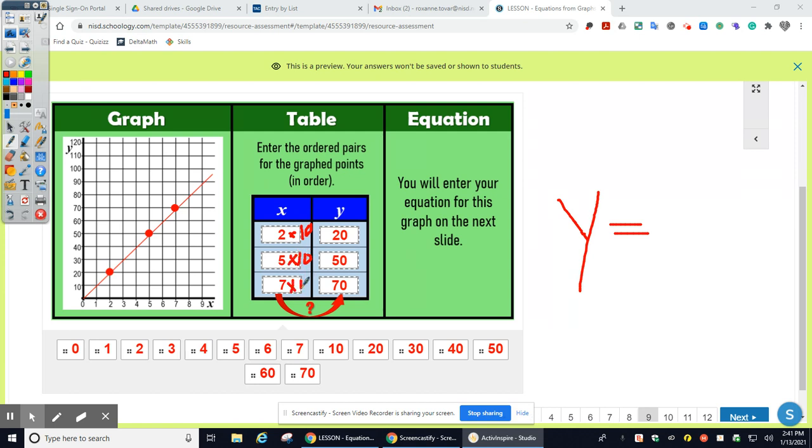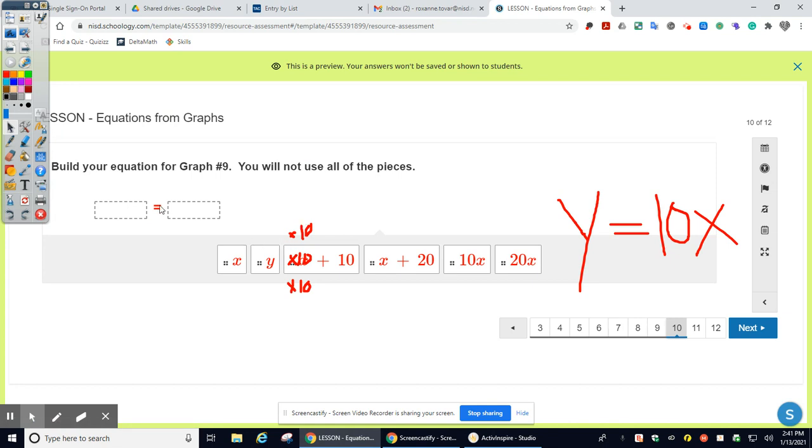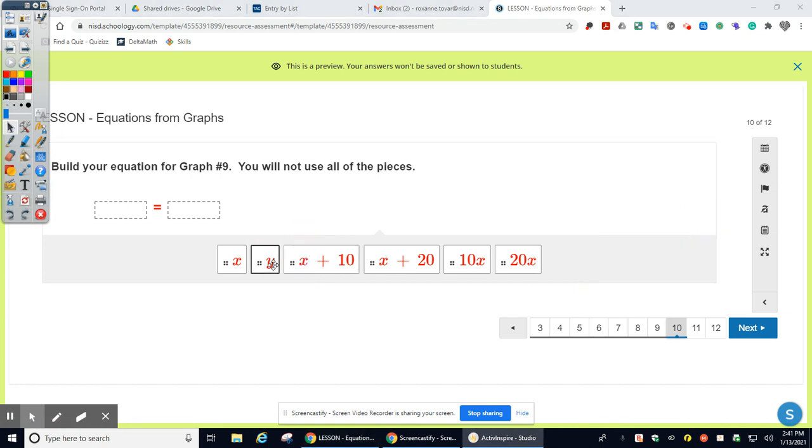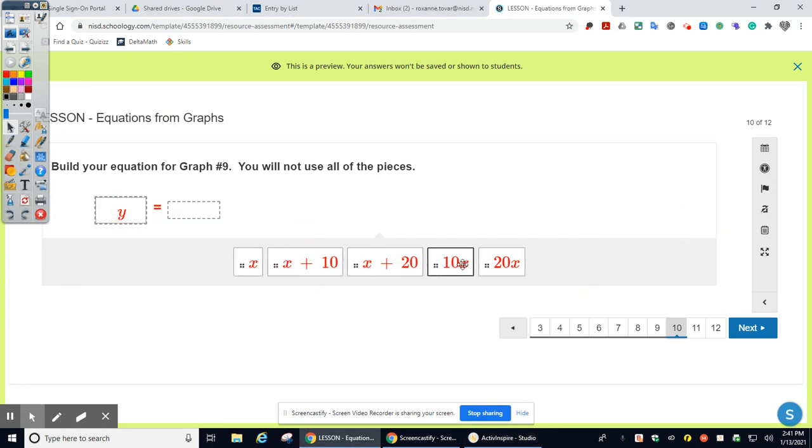And 7 times 10 gives me 70. So we're taking x and multiplying it by 10 to get our equation. So I'm going to go to the next one and put my y equals 10x.